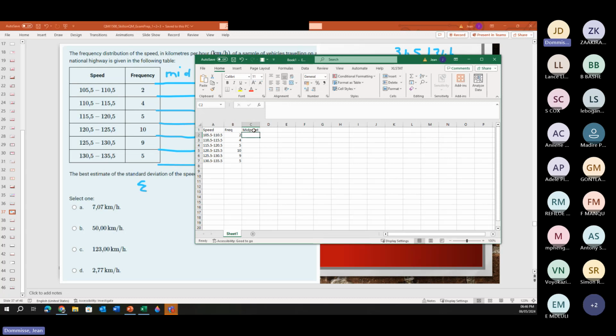Okay, so you need to work out the midpoint. Basically how you work it out is you take the top one minus the bottom one and you divide it by 2. Because the ones that I typed in Excel don't pick up the numbers, this you would need to do with your calculator in any case.